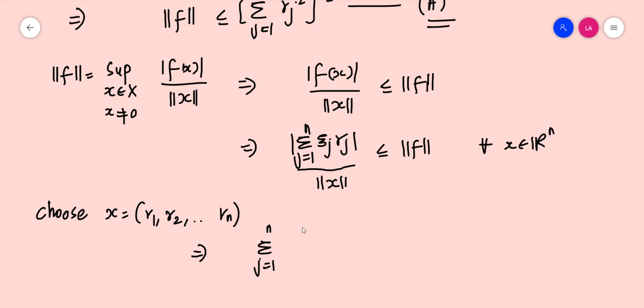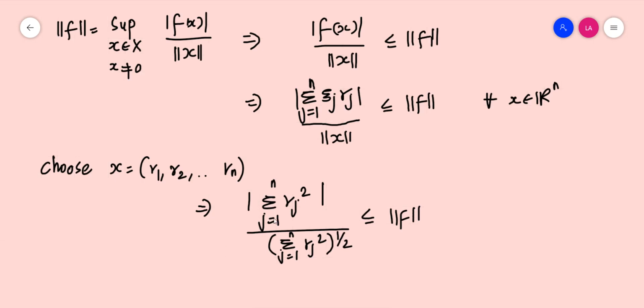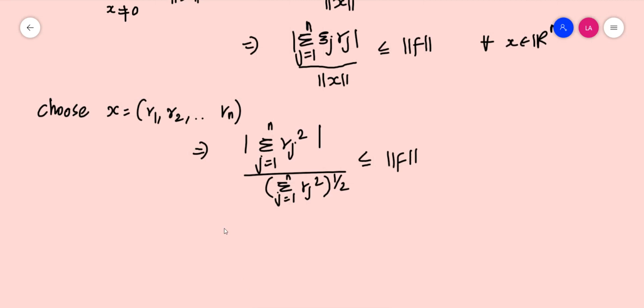So gamma j times gamma j, which is equal to modulus of gamma j the whole square, divided by norm x, is summation j equal to 1 to n gamma j the whole square, the whole raised to 1 by 2, less than or equal to norm f. Now this is actually a positive quantity, so we do not need modulus.